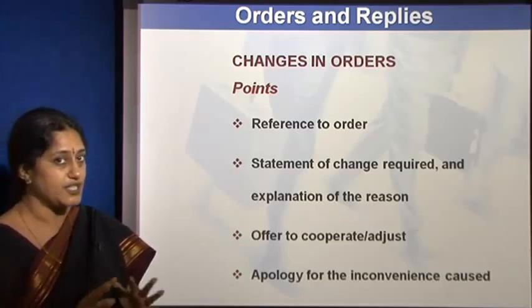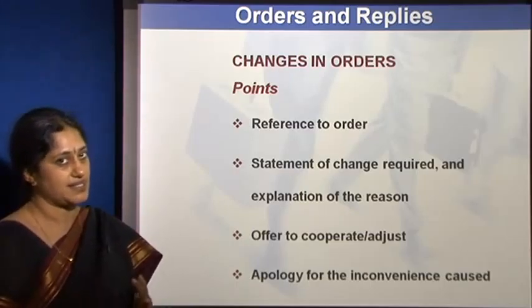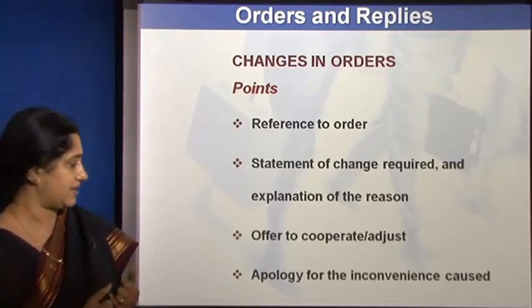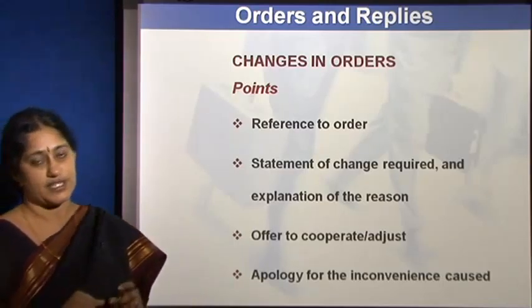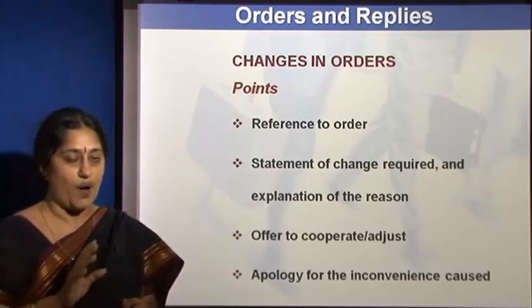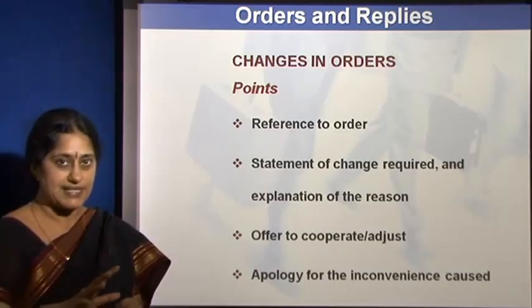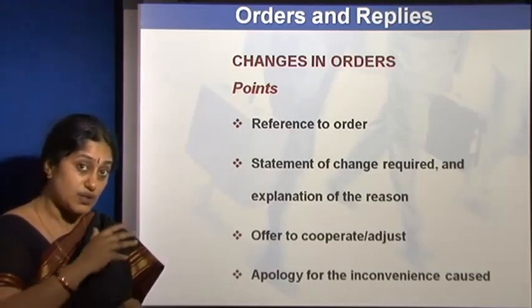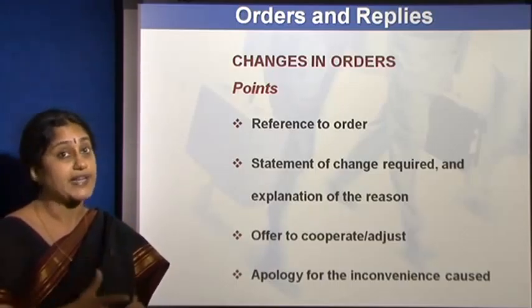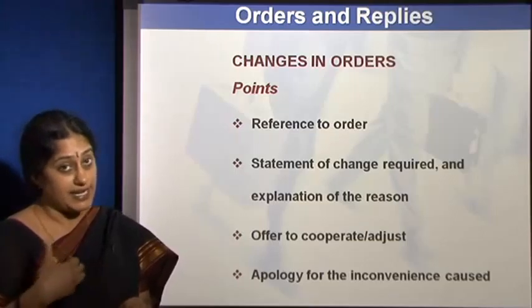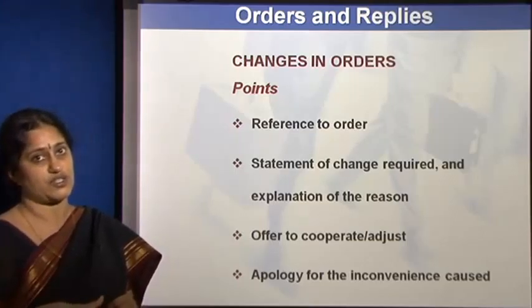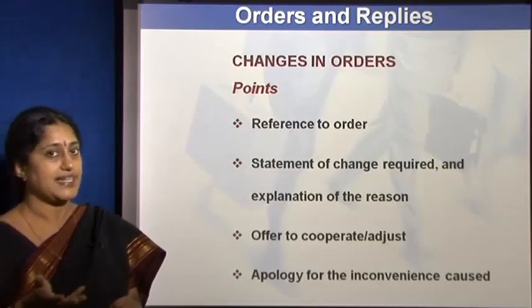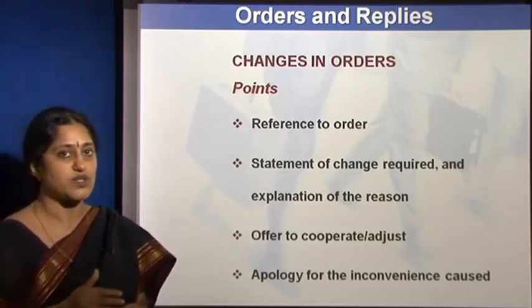If some adjustments need to be made as far as money or product is concerned, what adjustments will I make? Apology for the inconvenience caused. Obviously, if an order has been placed, then the supplier backend also has to do a lot of homework as far as preparing those products are concerned. So in case there's a change in the specification or change in the numbers, then it puts the supplier also into a lot of trouble.